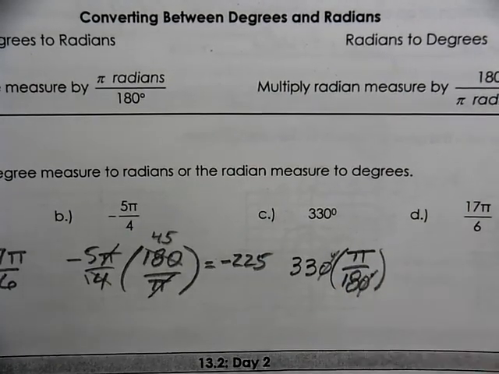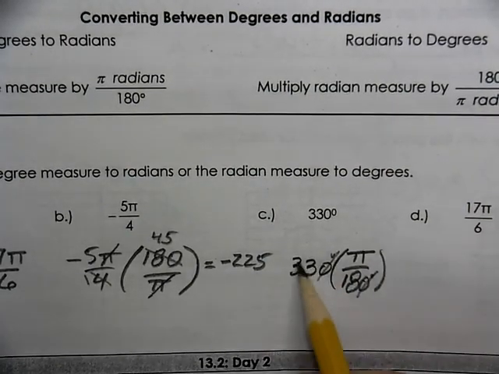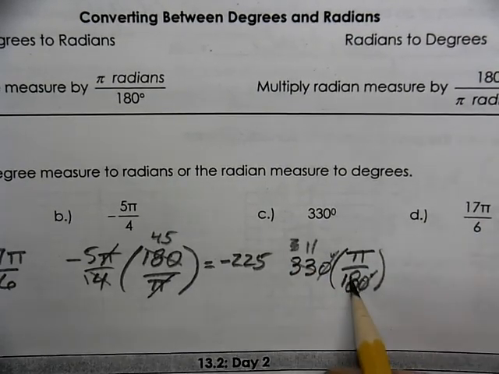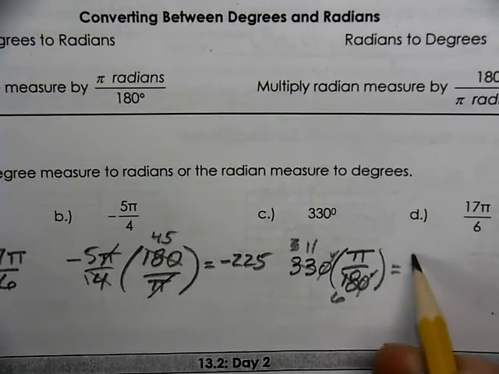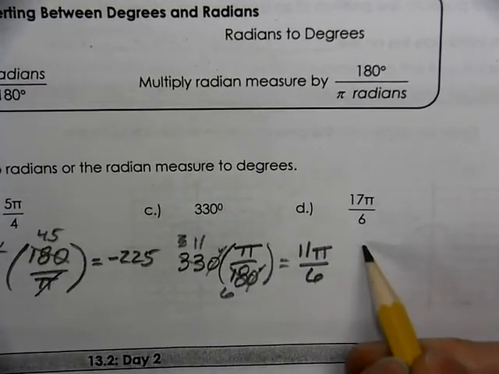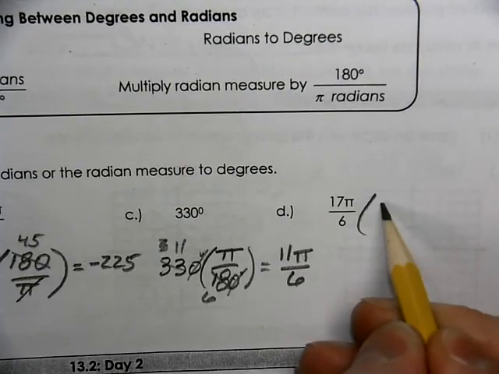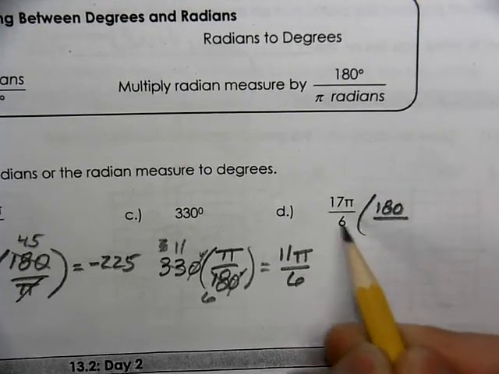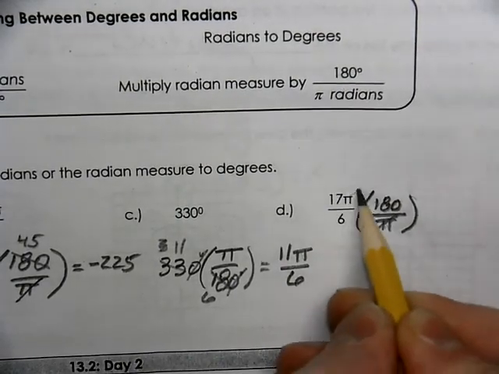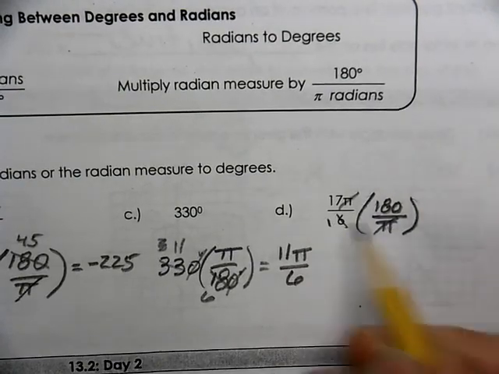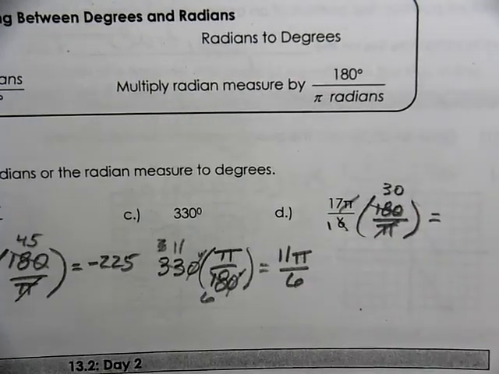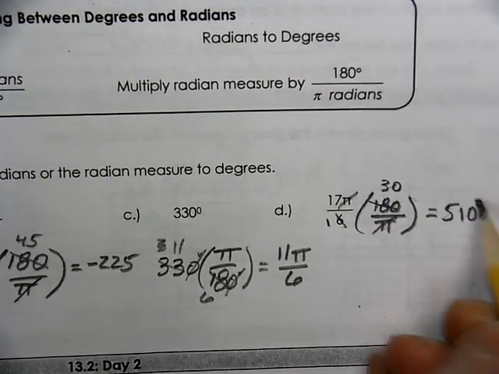We can cross out our multiple of 10. 3 goes into 33 11 times, and 3 goes into 18 6 times, so we're going to get 11 pi over 6. 17 pi over 6, we would start out with 180 on top, because we want to convert it to degrees, with pi on bottom, cross the pi's out. 6 goes into 6 once, 6 goes into 180 30 times, and when we multiply that, we get 510.